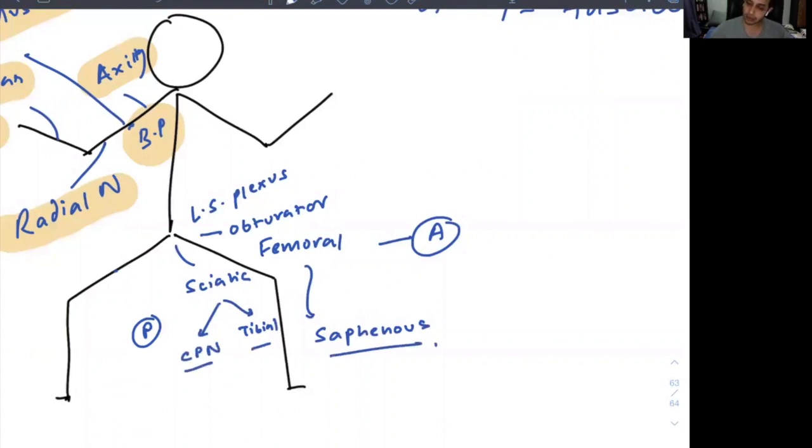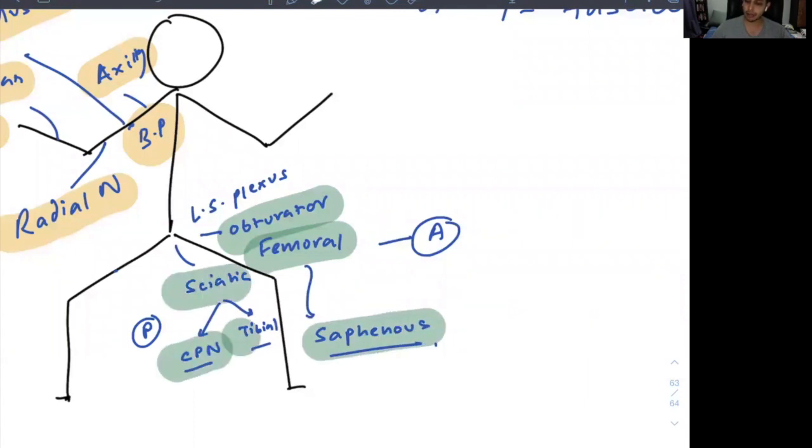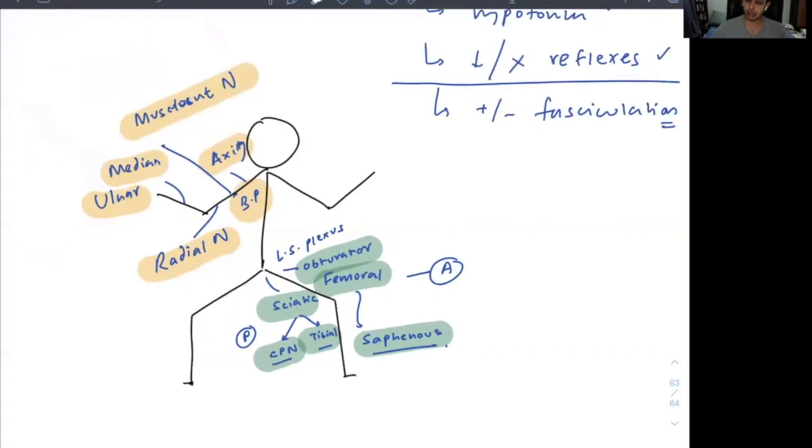So the nerves to remember are obturator and femoral anteriorly and saphenous in the leg, and posteriorly sciatic, common peroneal, and tibial. So roughly, if you know these nerves, then you will already have an idea, if there is a lesion, of what nerves can be involved to cause that lesion. And that is why it's important to know the basic distribution of the nerves.